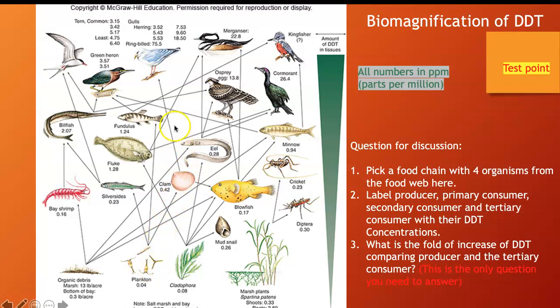If you go higher and higher, eventually look at these ring-billed gulls. It could accumulate to 75.5. 75.5 divided by 0.005. You can calculate how many fold the increase of the DDT is.